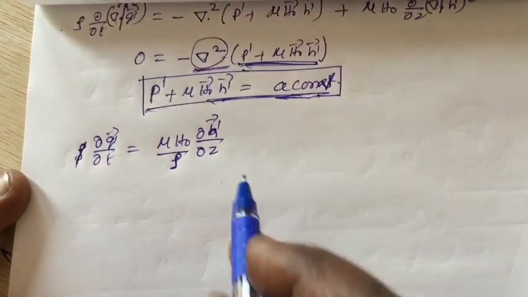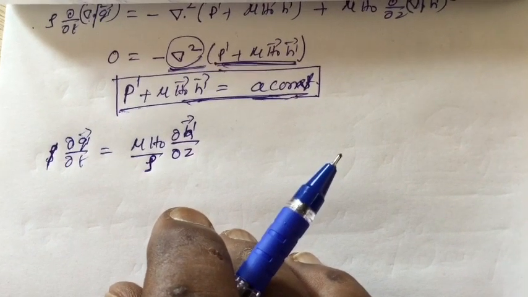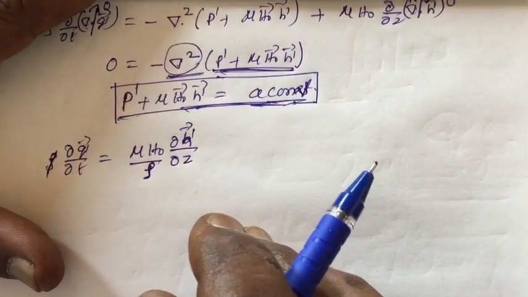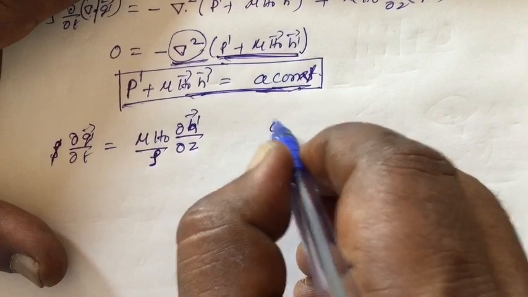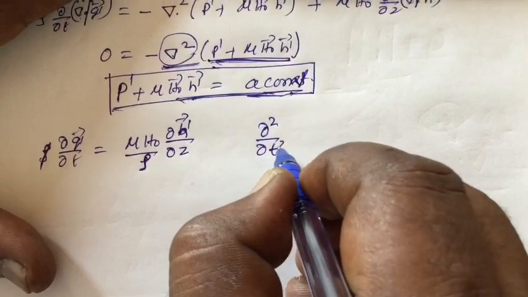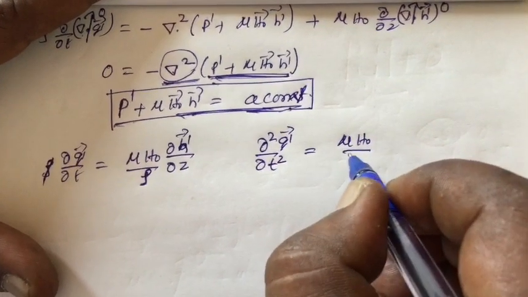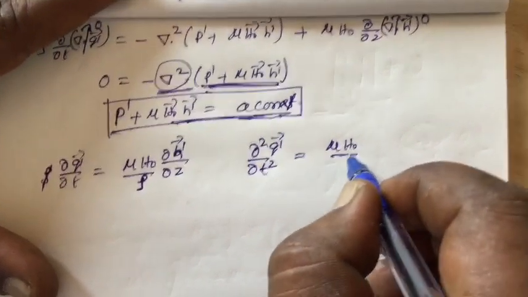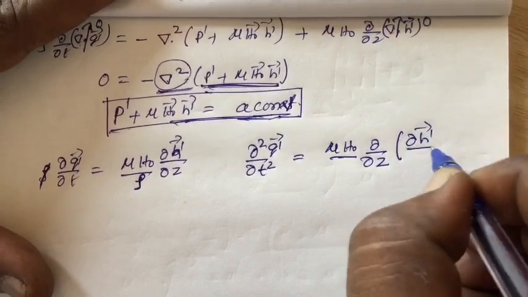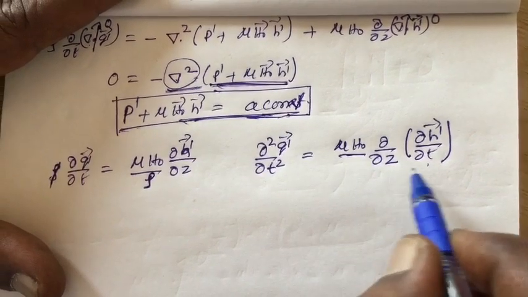Again, by differentiating on both sides with respect to t, you are going to get del square by del t square of q dash is equal to mu into H naught into del by del z of del H dash by del t, because we are differentiating on both sides with respect to t.